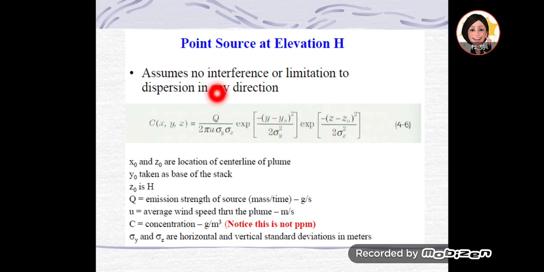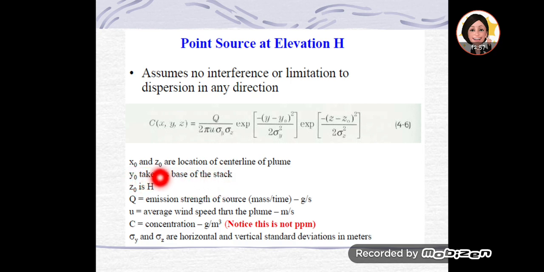It assumes there is no interference or limitation to dispersion in any direction. So x naught and z naught are the location of the center line of the plume, where it starts, so the x-axis also becomes the center line.